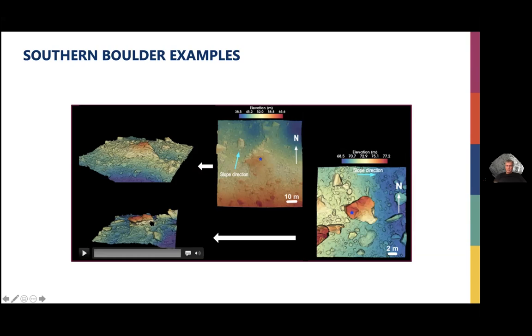You can see on the bottom left here where you can actually see layering on the sides of this boulder. On the very left side of this boulder, you can see a very smooth area, and that's where we don't have data, but those are the exceptions and not the rule for sure.